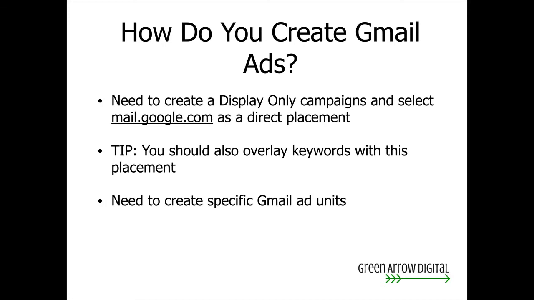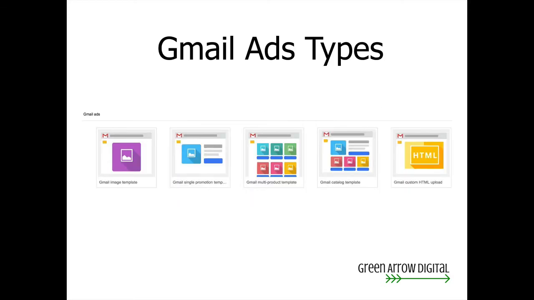Now, as you saw before, they do look a little bit different, so you need to create specific Gmail ad units. So when you do create the particular campaign, you're going to be faced with these particular options for Gmail ads. Now, in another video, I'm going to go through how you actually create a Gmail ad type, but for now, just know that you're faced with all these different particular options that you can have.